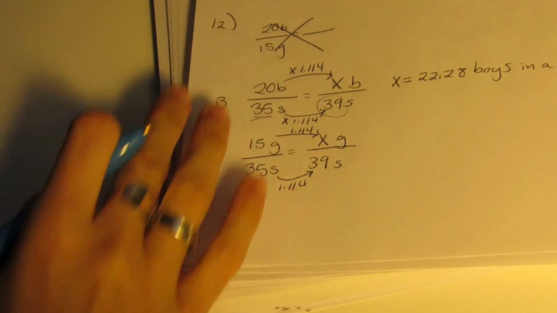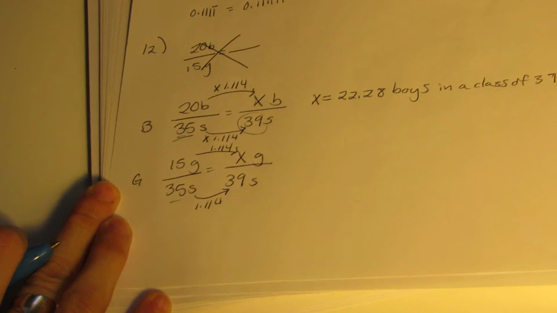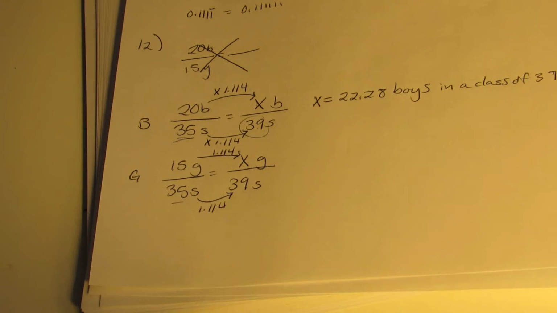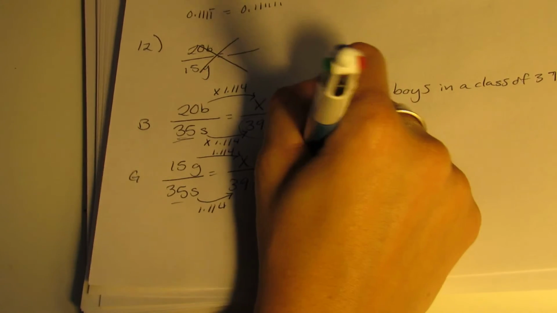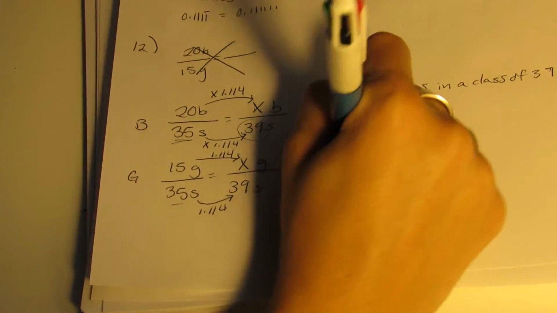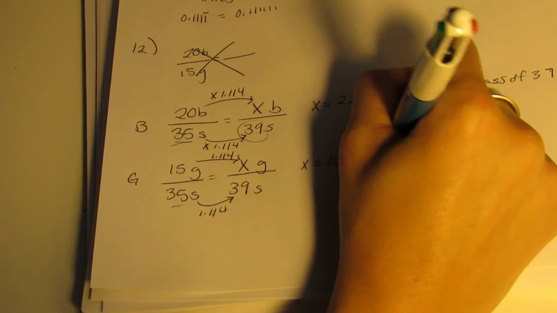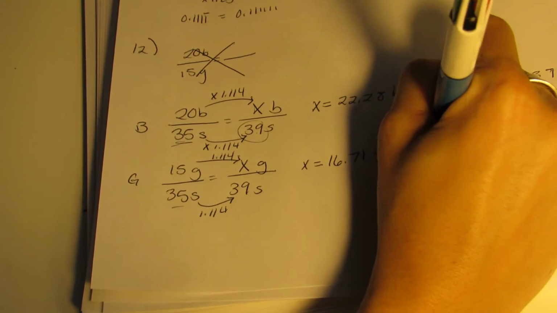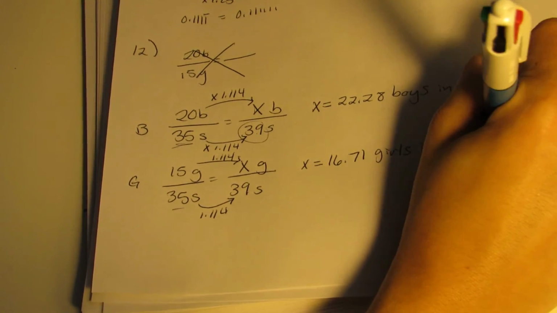Let's figure out girls. So girls would be 15 times 1.114 gives me about 16.71 girls in that new class of 39.